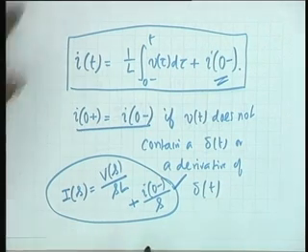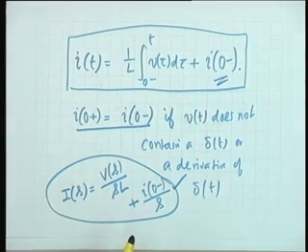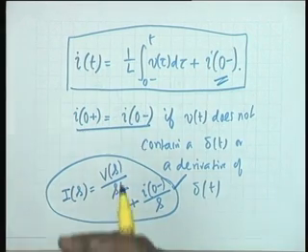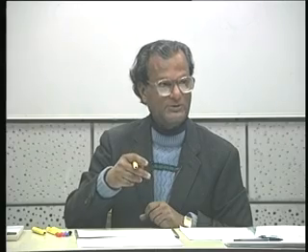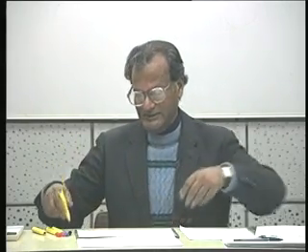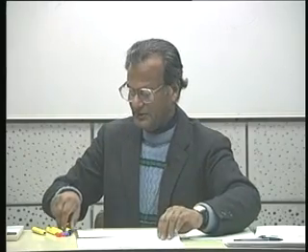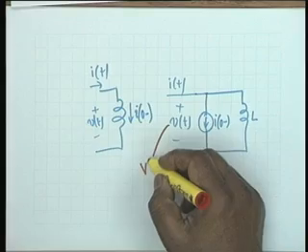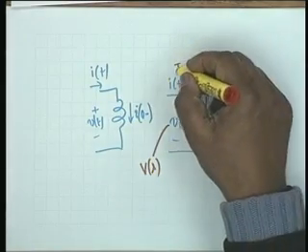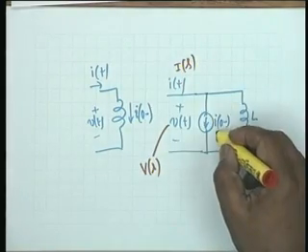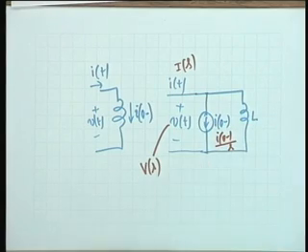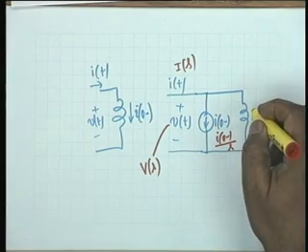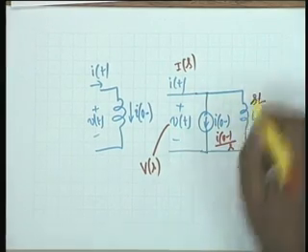Okay. And you see in the equivalent circuit now in the frequency domain, you shall have indeed a current source, but the source is not I of 0 minus, it is I of 0 minus divided by S. So, if this circuit is to be modified to Laplace transform domain, then this is V of S, this is I of S, this would be I of 0 minus divided by S, and this shall be written as SL.